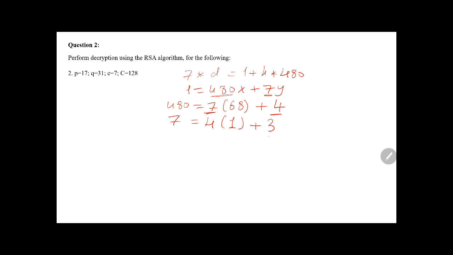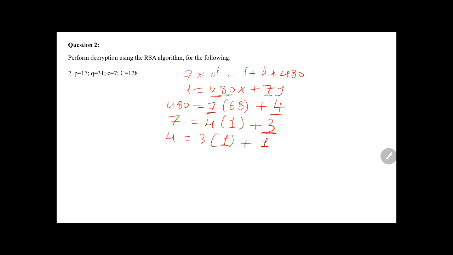And here we did not reach a remainder of 1 yet, so we do it again. 4 equal to 3, open a bracket, plus. So 4 divided by 3 is equal to 1, and 4 modulus 3 is equal to 1. So as you can see here, we've reached 1 here on this side as a remainder.